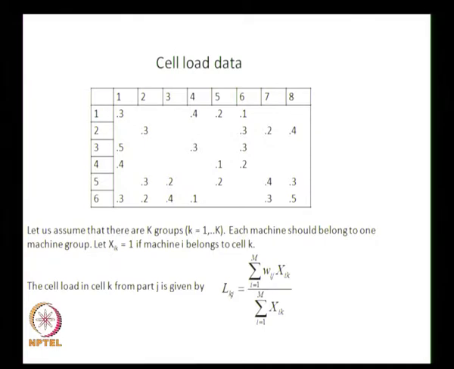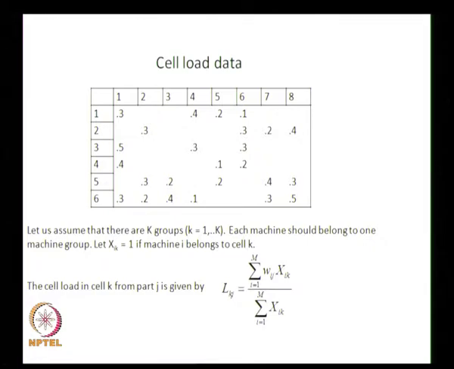So, cell load variation will be L_kj, given by the summation over all machines, workload into Xij if it is there, divided by the number of machines in that cell, which is what we did when we did this.